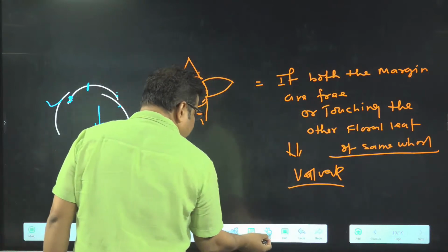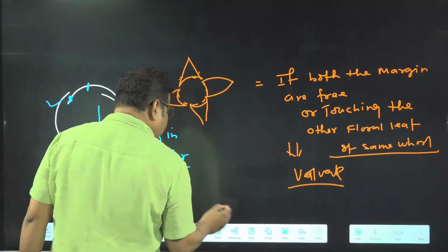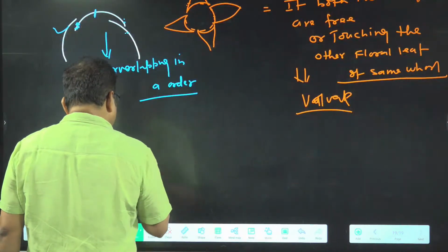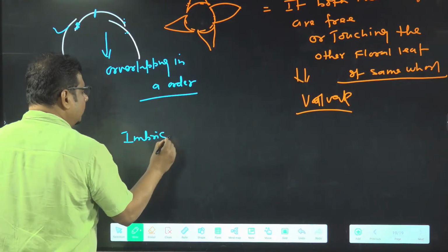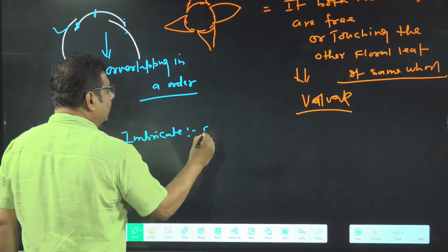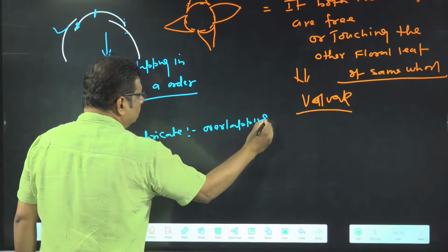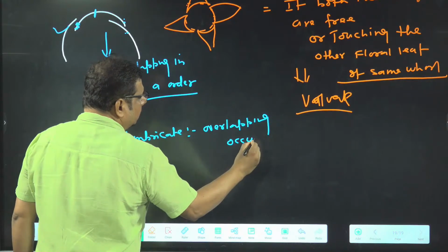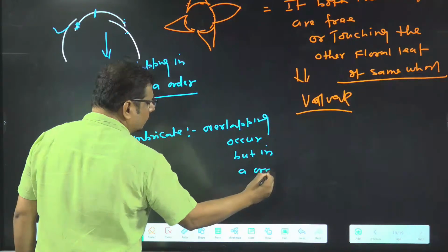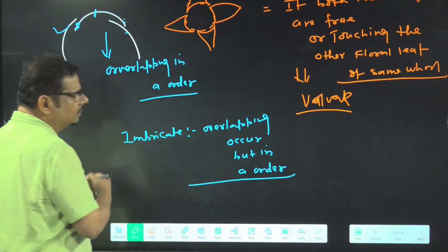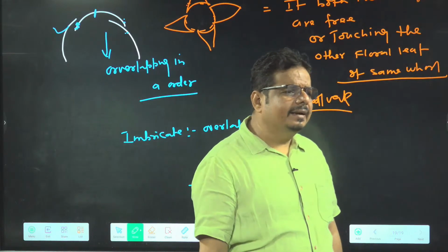Now imbricate. In imbricate, what are you finding? No order of overlapping. In imbricate, overlapping occurs, but not in an order. Look at your NCERT diagram.